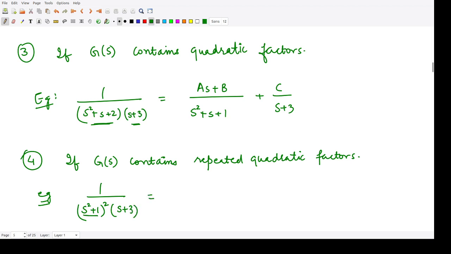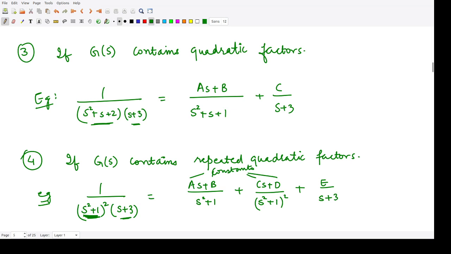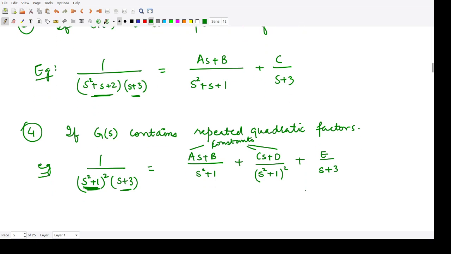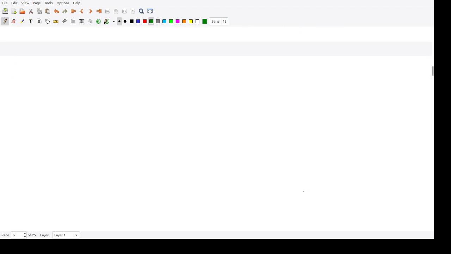Here you see that this quadratic factor is appearing twice, so it would be as plus b divided by s square plus 1, and then you have cs plus d divided by s square plus 1 whole square, corresponding to this factor. So you have this power as 1 and this power as 2 here, and a, b, c and d are constants. Then corresponding to this linear factor you would have e divided by s plus 3. So these are simple general rules by which you could calculate the partial fractions.